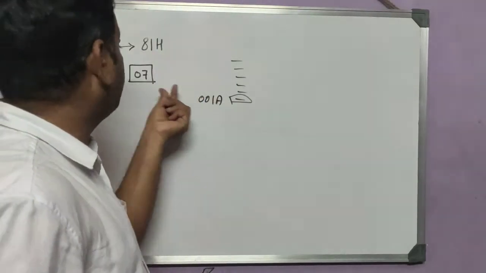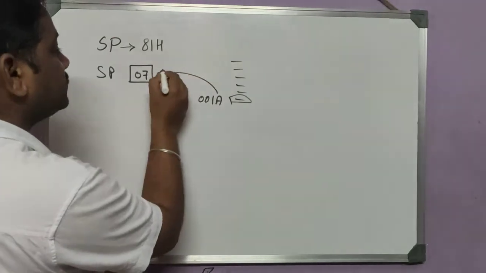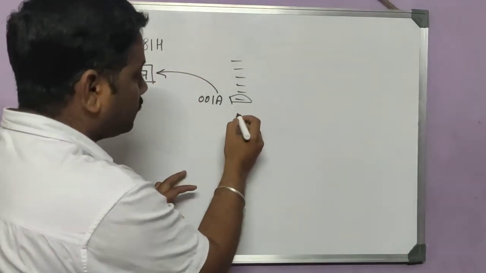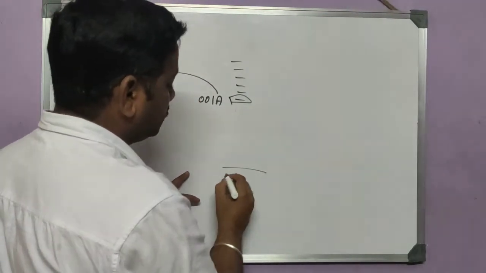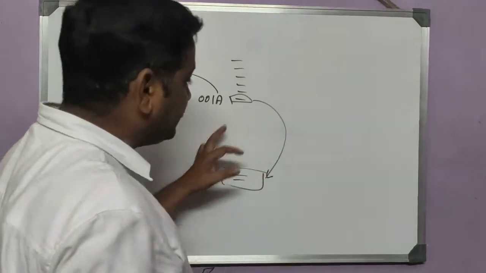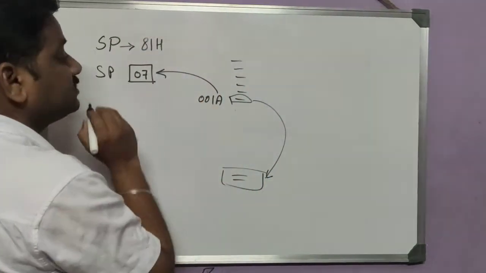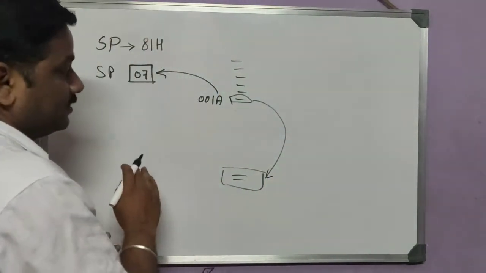Now this 1A will be stored in the stack pointer. After this, if I want to jump to a particular program written elsewhere, then when I jump there, this address has to be stored somewhere. That will be stored in the stack pointer. That is the meaning.